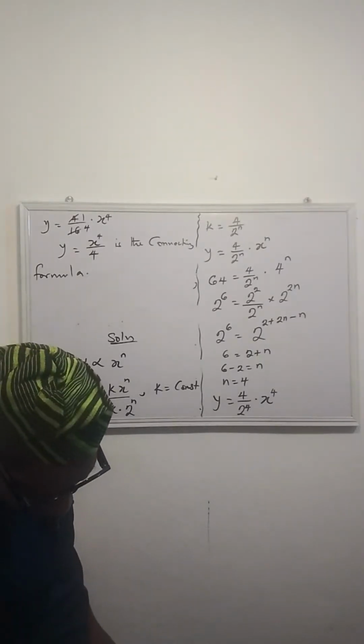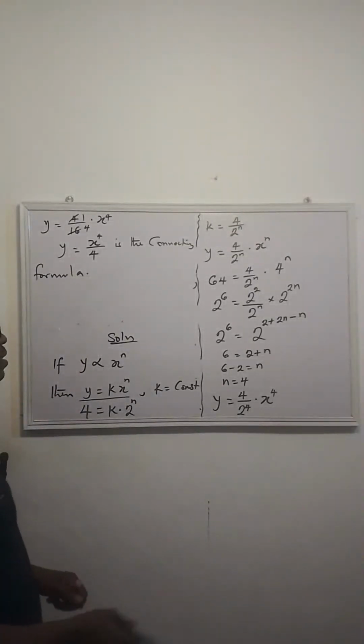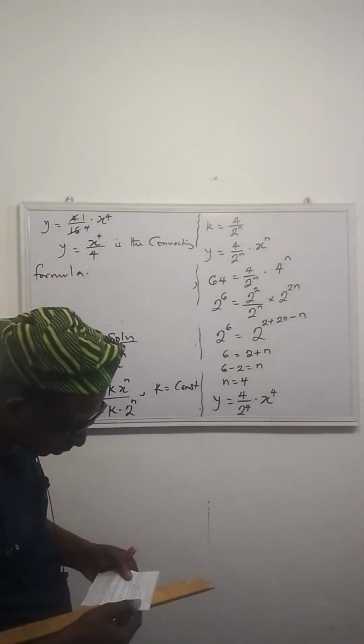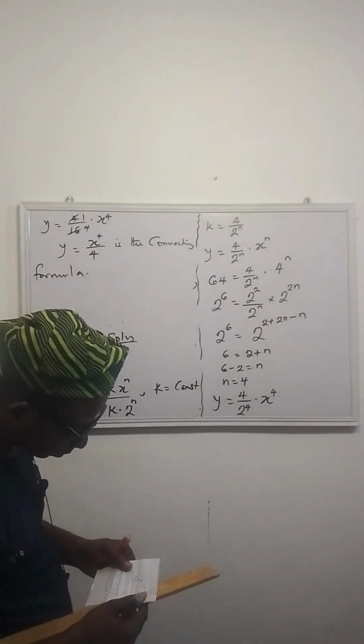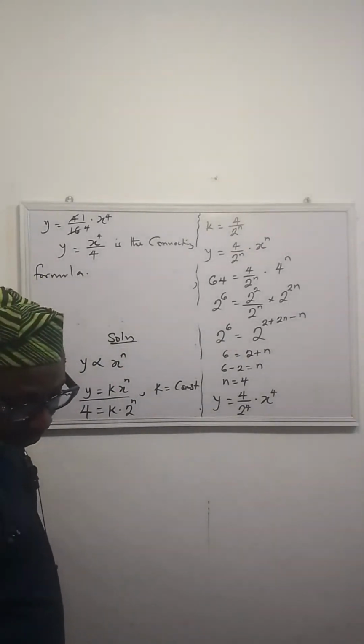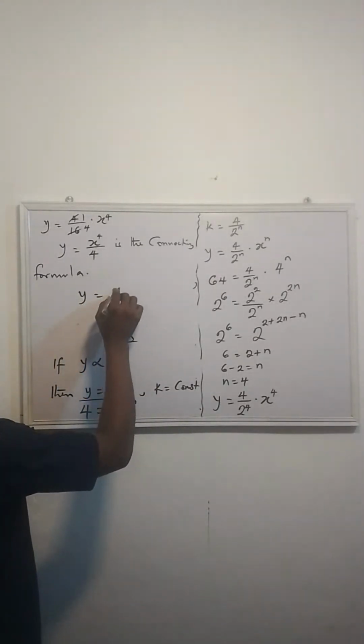All right, let's look at it now. The question wants us to get y when x is 36. So y equals x raised to the power of 4 over 4.